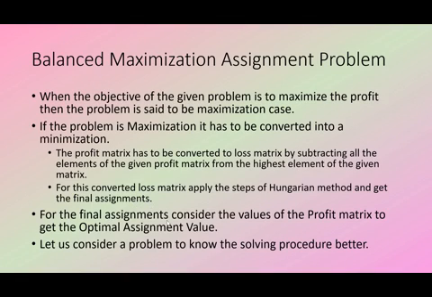For these final assignments, consider the original matrix, that is the profit matrix values, to get the optimal assignment value, your TAC, total assignment cost, whatever we were calculating. In the maximization case, we don't call it cost or TAC, we call it optimal assignment value because we are maximizing the profit.